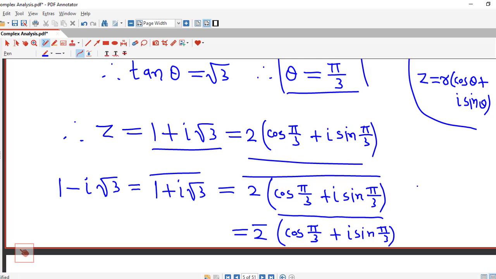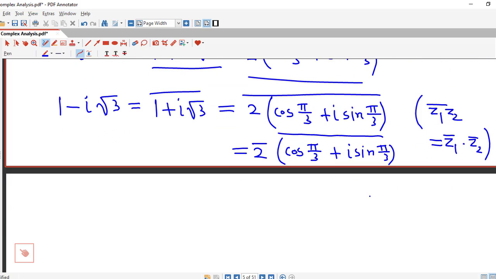We are using the property of conjugates: if we have a product of two complex numbers, the conjugate of the product equals the product of the conjugates, conjugate of z1 z2 equals conjugate of z1 times conjugate of z2. Here z1 is 2 and z2 is cos pi by 3 plus i sin pi by 3.